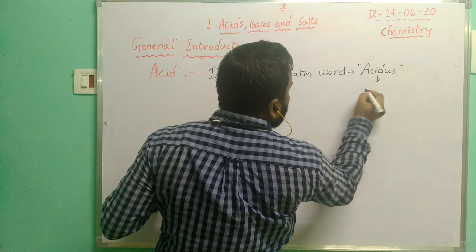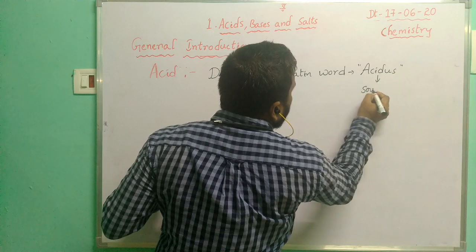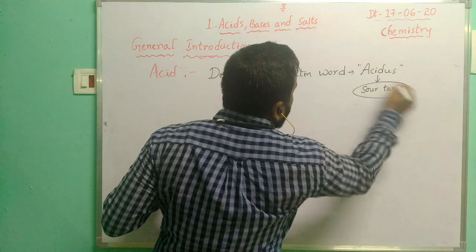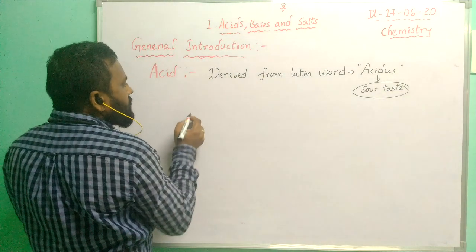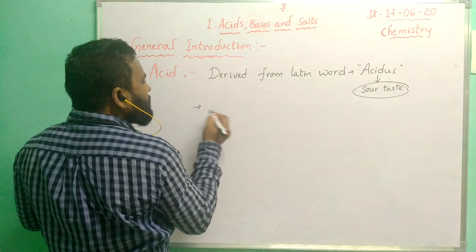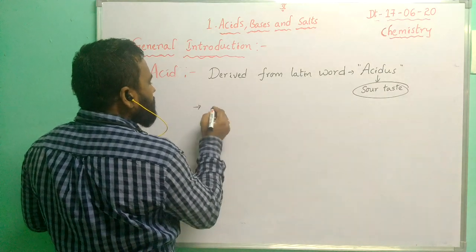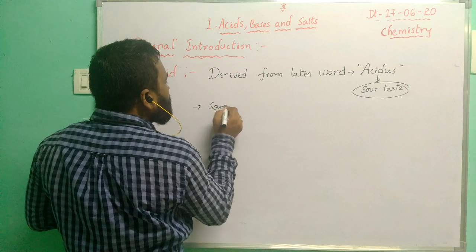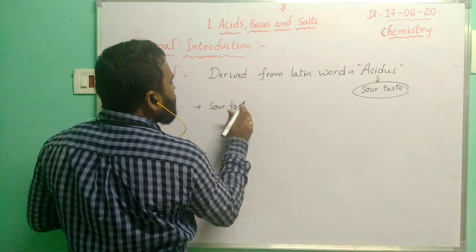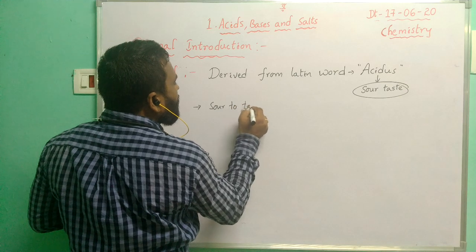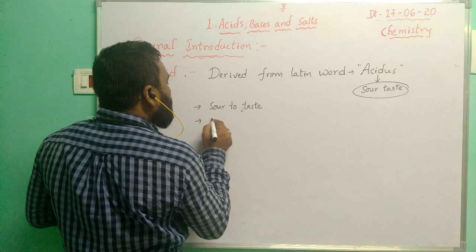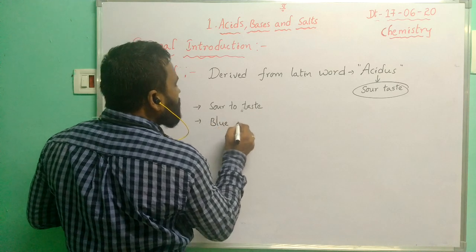Acidus means sour taste. Acids are sour to taste, and blue litmus turns to red.